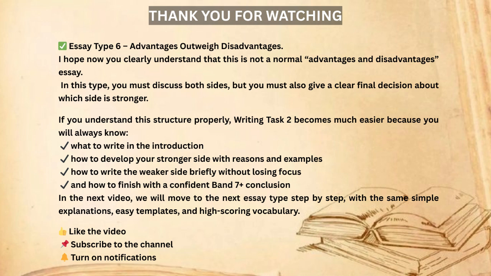If you understand this structure properly, writing task 2 becomes much easier because you will also know what to write in the introduction, how to develop your stronger side with reasons and examples, how to write the weaker side briefly without losing focus, and how to finish with a confident band 7 plus conclusion.